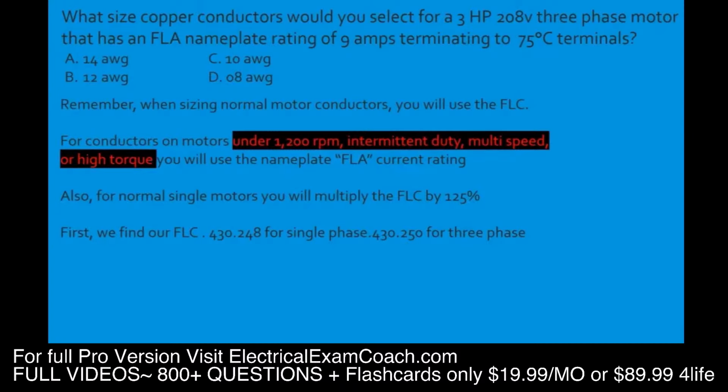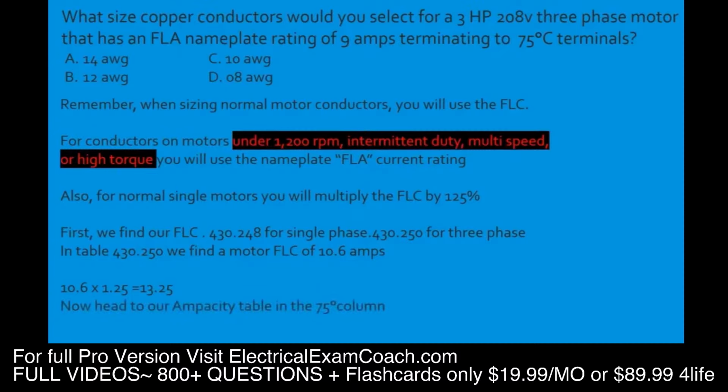So we start at 3 horsepower, we come over and we tee off with 208 volts, and we're going to find that that motor has an FLC of 10.6 amps. Now we take that 10.6 amps and multiply it by 125%, 1.25. That gives us a new amp draw to size our wire by of 13.25 amps.